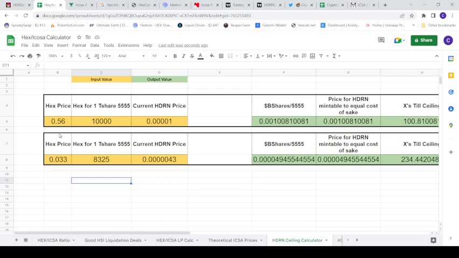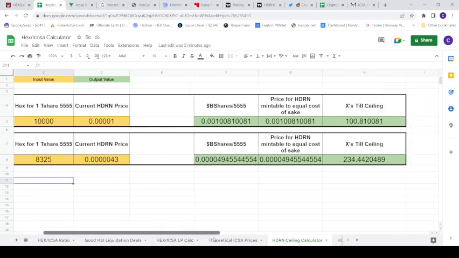Maybe Hedron will outpace Hex. Like if Hex moves from 3 cents to 10 cents, that's a 100% or 120% move. Maybe Hedron will move like a 4x from its current price, right? So the dynamics of Hedron and Hex, we have to see how they play out. But I like this calculator just for Moonmath purposes. So yeah.